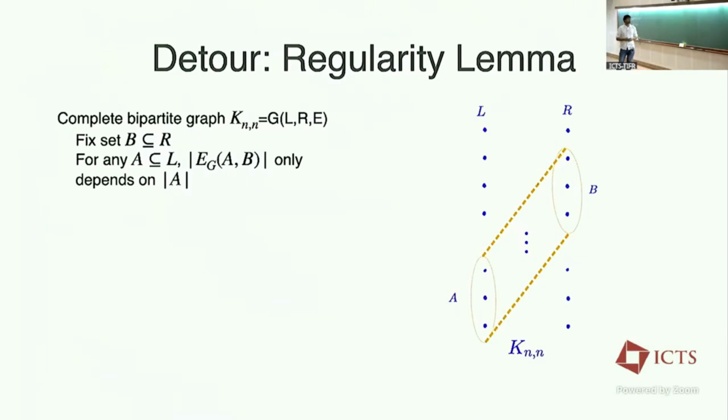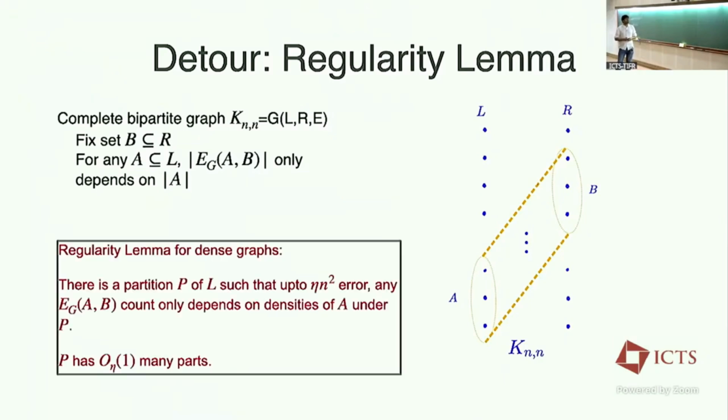Regularity lemmas are these really nice statements that will tell you that if you're willing to live with some eta times n square error, and let's say my graph had a lot of edges so that this eta times n square is insignificant, then this edge count is only going to depend on the density of A, now not globally, but over some partition.